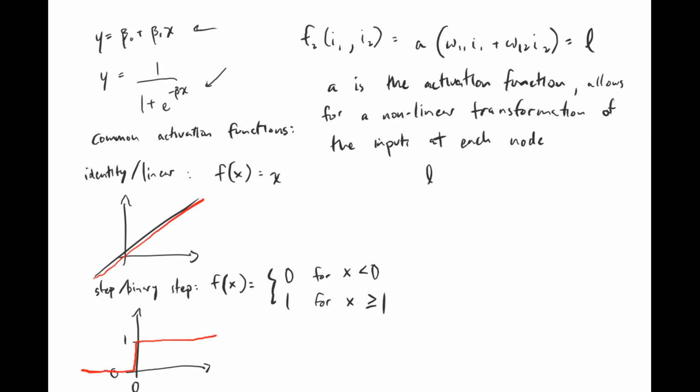You could have the logistic. So f of x is equal to 1 divided by 1 plus e to the negative x. This will look something like this. So 0 and 1.